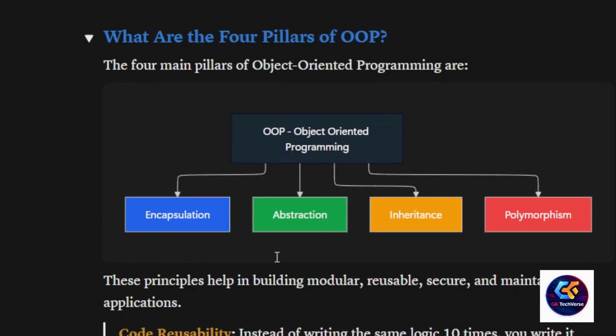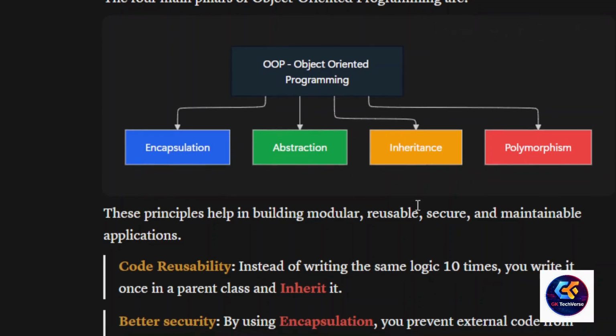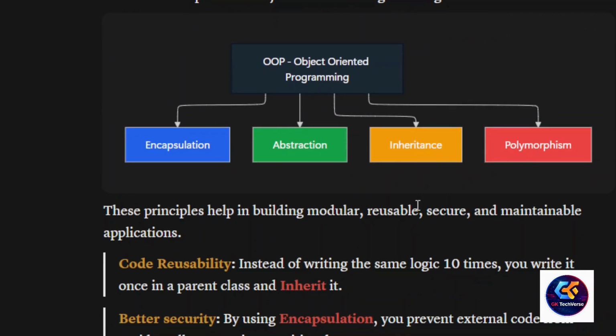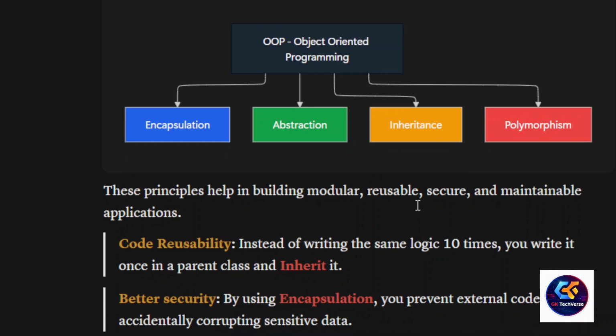What are the four pillars of OOPS? We already discussed object-oriented programming is based on four principles. These four pillars are encapsulation, abstraction, inheritance, polymorphism. Using these four principles, we can build modular, reusable, secure, and maintainable applications.